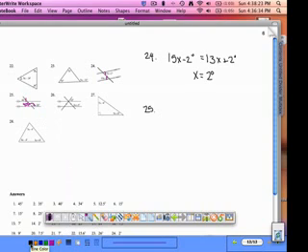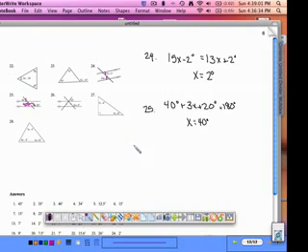That means the sum of those two angles will be 180 degrees. So the equation we could write is 40 degrees plus 3x plus 20 degrees is equal to 180 degrees. When you solve this equation, you should get x is equal to 40 degrees. Pause the video and complete 25 now.